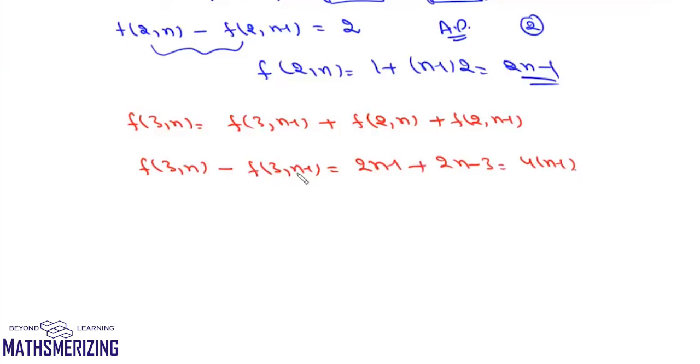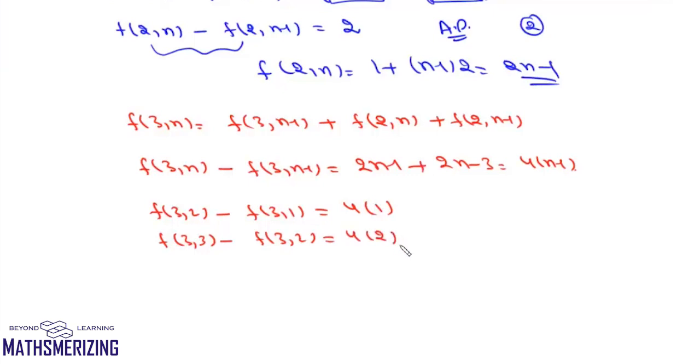Now we'll put n as 2, we'll write f32 minus f31 will be 4 into 1. If we put n as 3, we'll get f33 minus f32 will be 4 into 2, and finally we can write f3n minus f3n minus 1, and it will be equal to 4 into n minus 1.